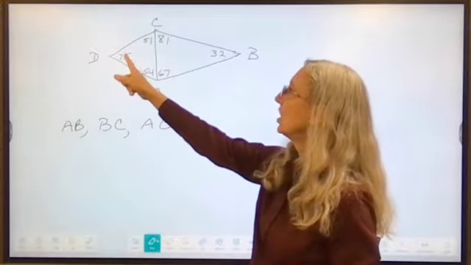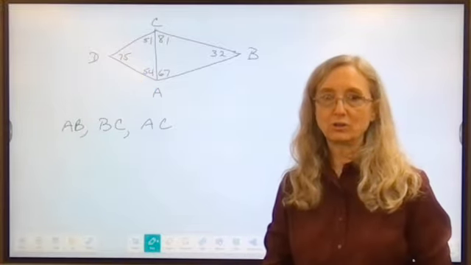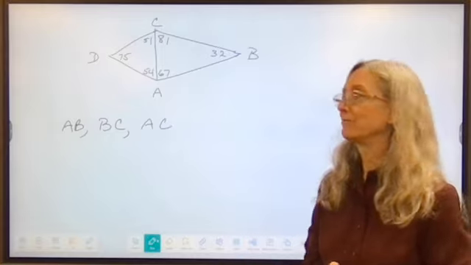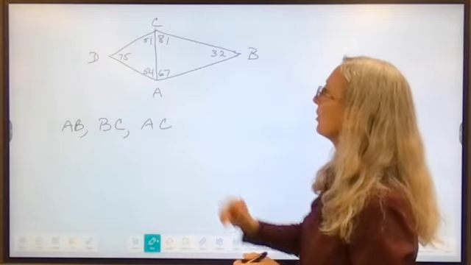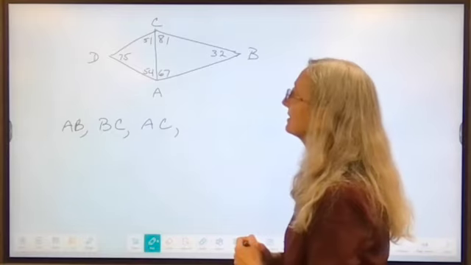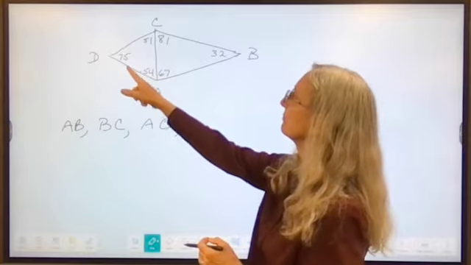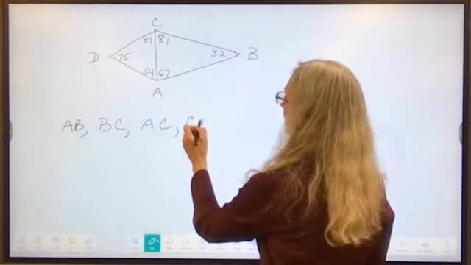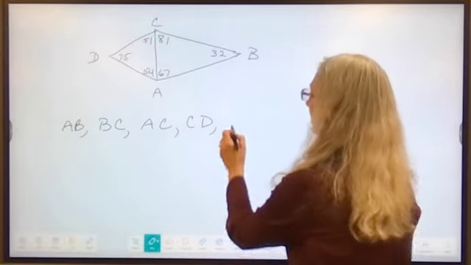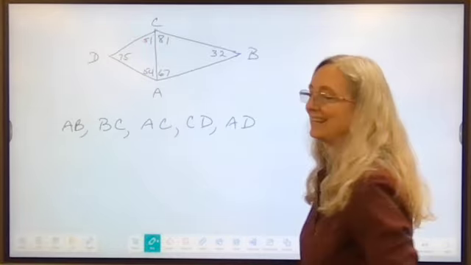It would be the longest side in this smaller triangle. Be careful that you don't try to put the two triangles together, if that makes sense. So AC is the biggest one here, which we've already listed. The next largest one would be across from 54. It would be CD, and then the smallest one would be across from angle 51, which would be AD.